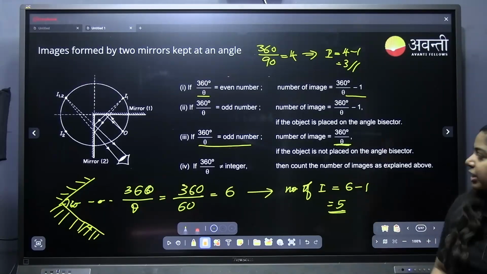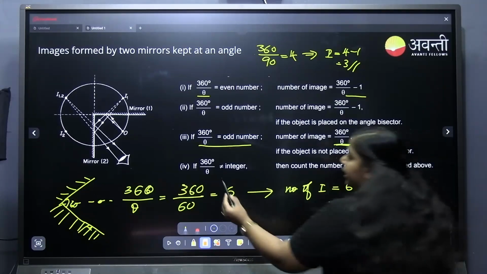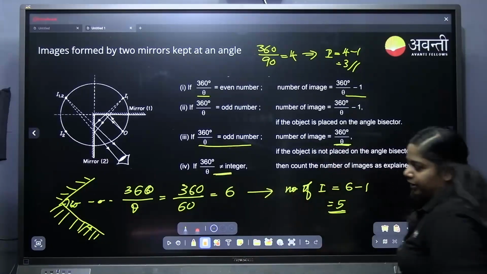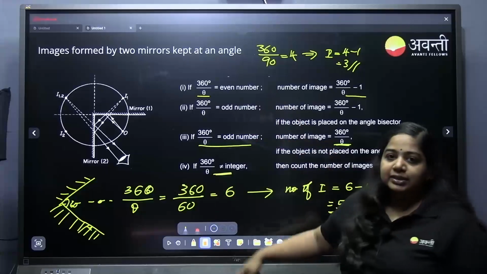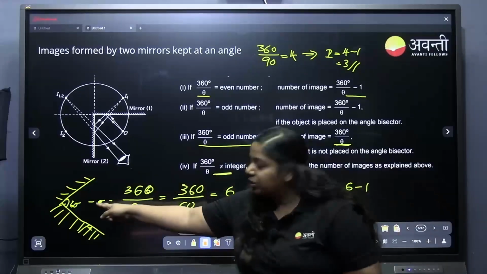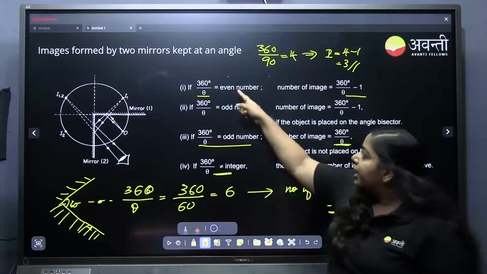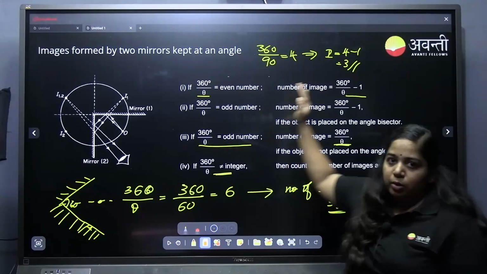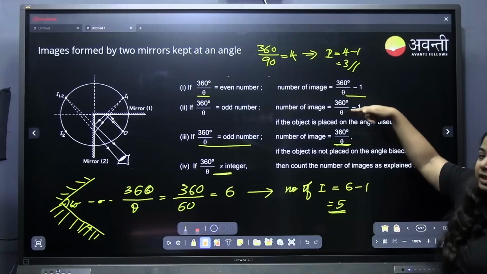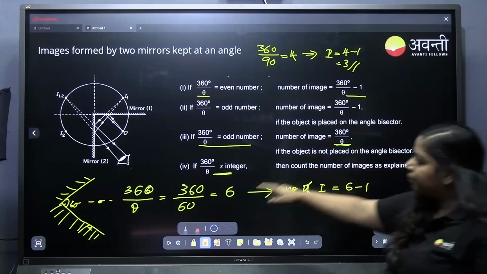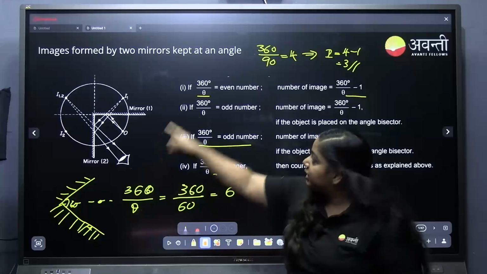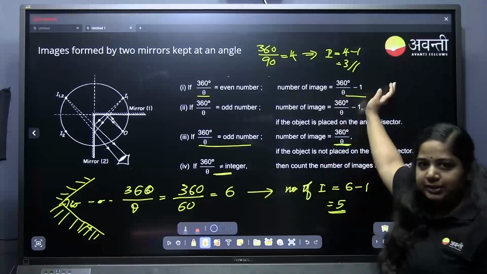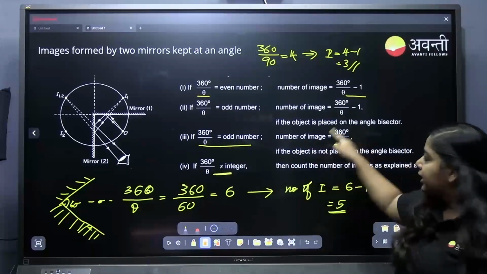We don't have to subtract 1. If it is an integer, there are 4 cases. One is object kept on the angle bisector with 360 by theta even or odd; in both cases we use the minus 1 formula. And object kept not on the angle bisector: for even number it will be the same, for odd number it will be this value.